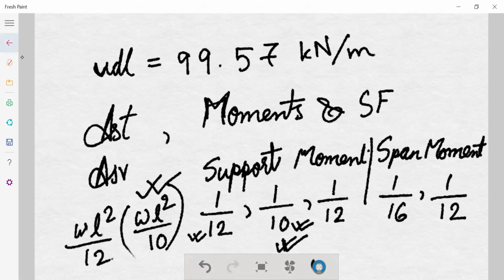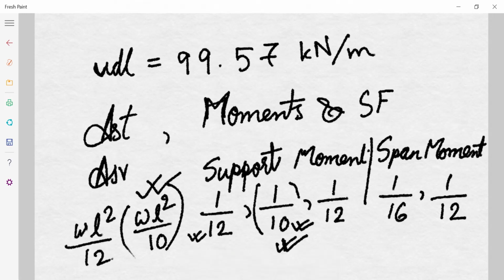So we don't go into those complications about the end span, next to end span, interior span, different coefficients, and also span moments, middle of end span, interior spans, these coefficients. We don't go into every part one by one. We just take the highest, severest condition.